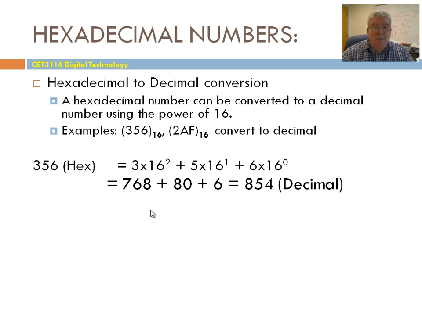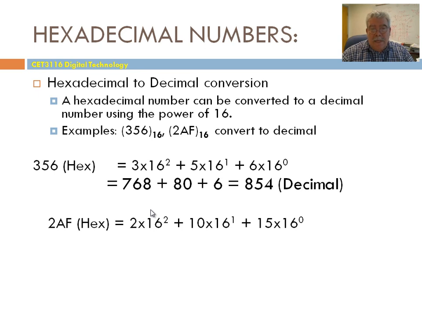In the other case, 2AF, exactly the same thing. All we need to do is remember that A is 10. So we're going to be substituting the value of A here by 10, and F is going to be 15. Same thing. It doesn't matter that we have a letter or a number.